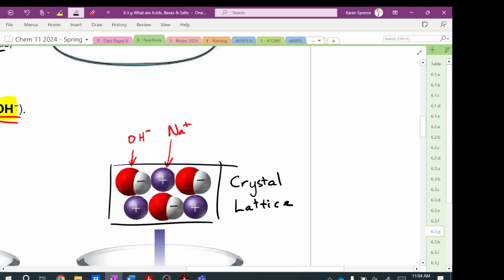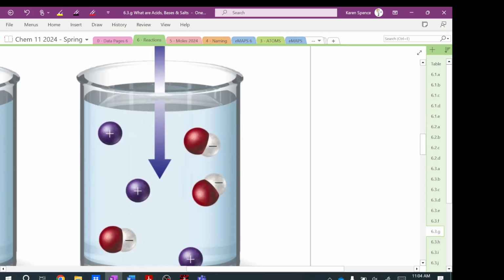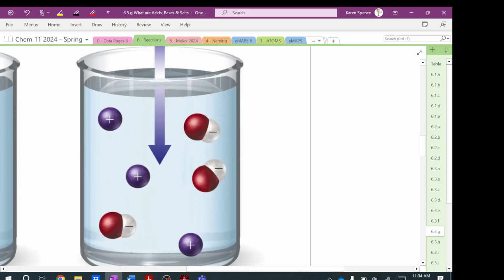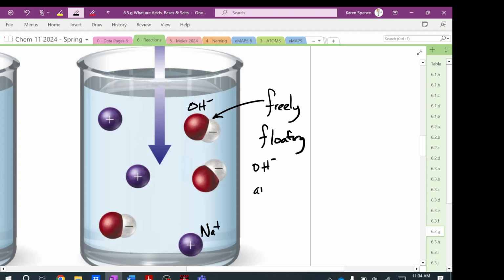So what happens when we put it into water? The ions split apart, and you end up with freely floating OH minus, OH minus, and Na plus ions.